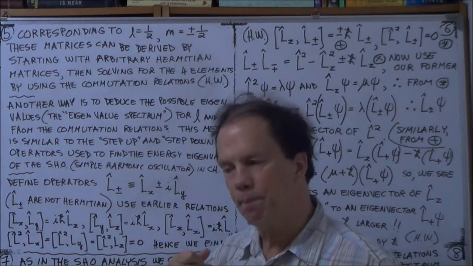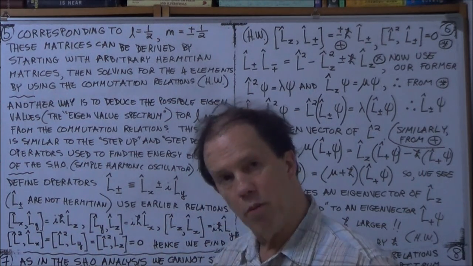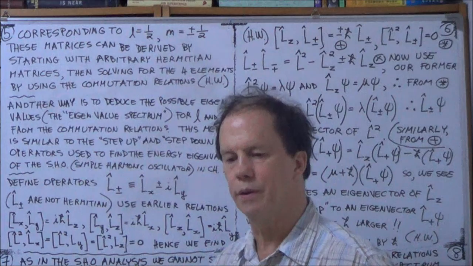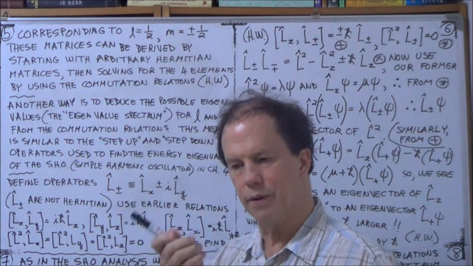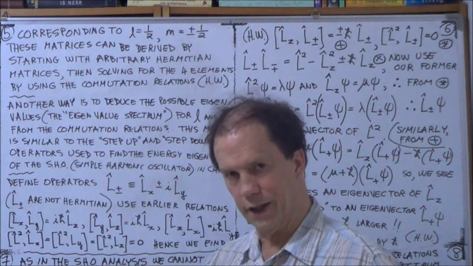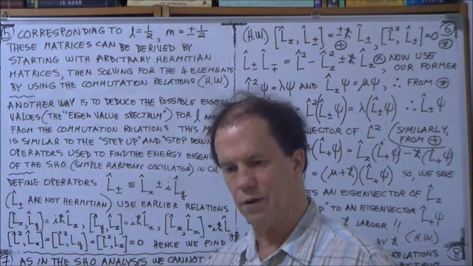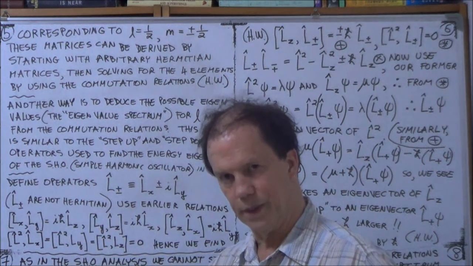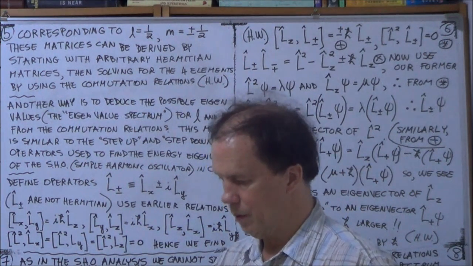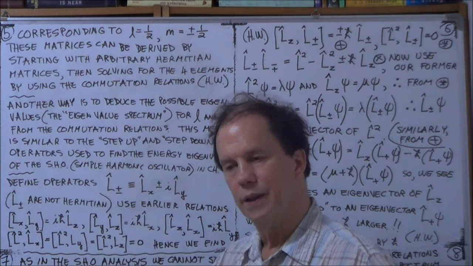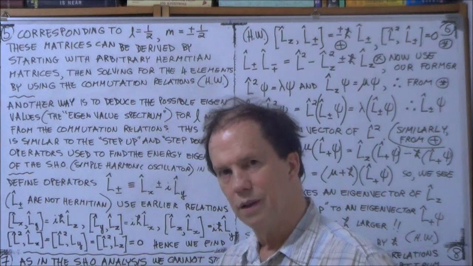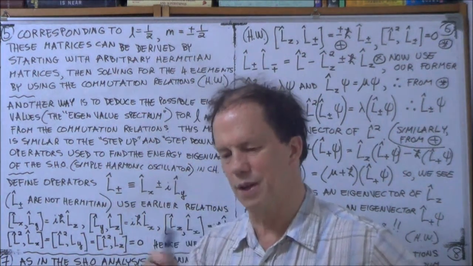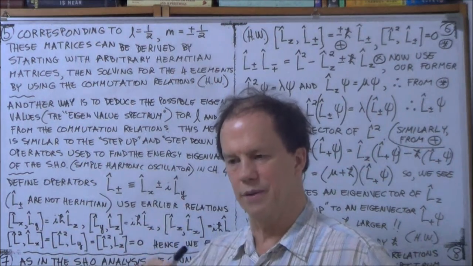Now what about M? Well, if you remember from using the operators directly, M was the eigenvalue of the Z component of the angular momentum along the Z axis, and it took values ranging between minus L and L. If L is a half, that means M ranges between minus a half and a half, since M jumps in increments of 1.